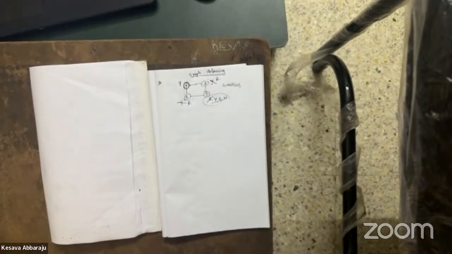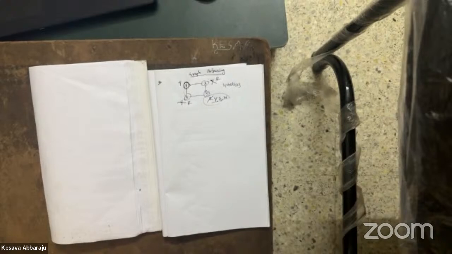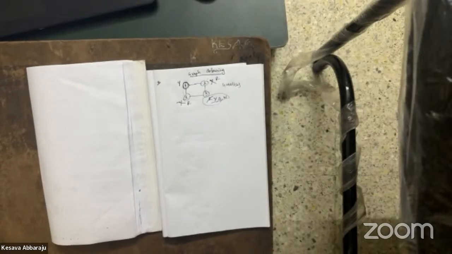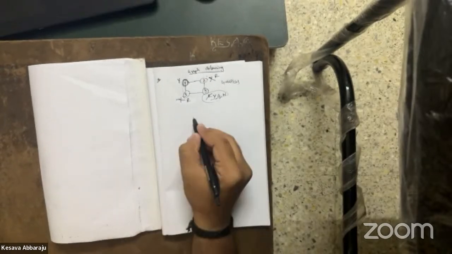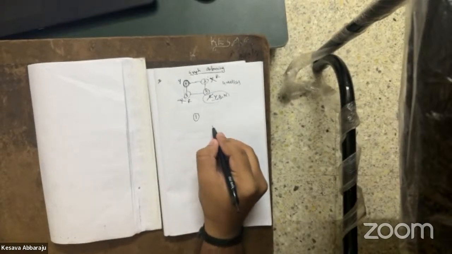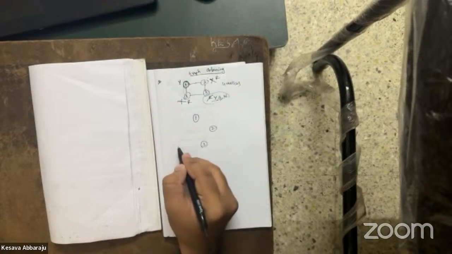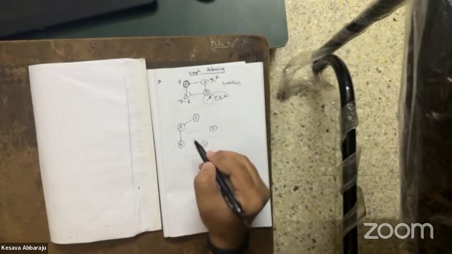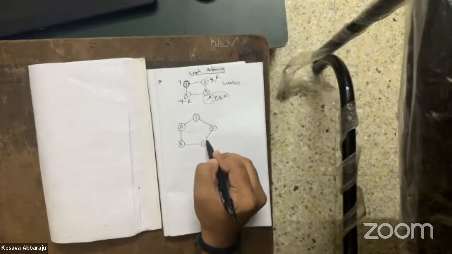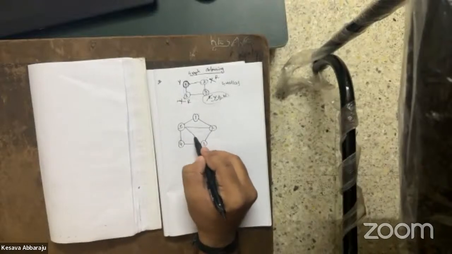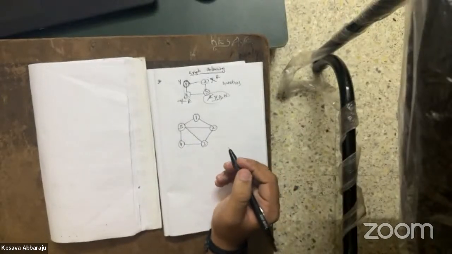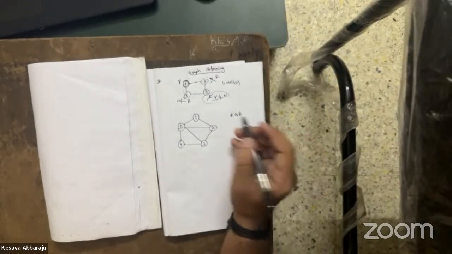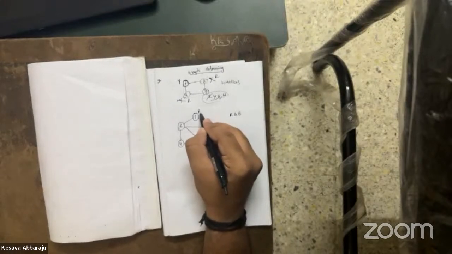We have to color each vertex of a given graph in such a way that no two adjacent vertices have the same color. Let's take an example with nodes 1, 2, 3, 4, and 5. I have three colors: red, green, and blue. I am randomly selecting the first color as red.